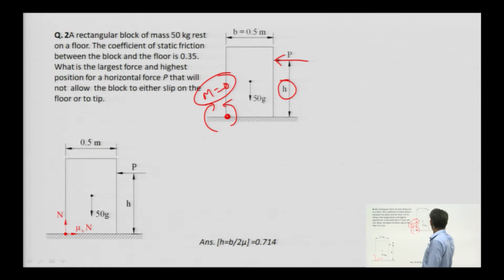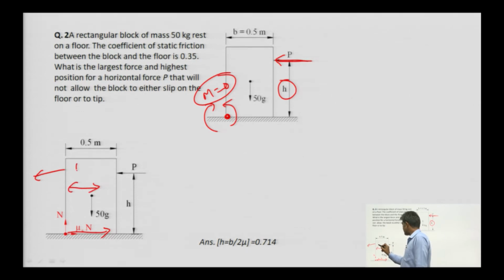The horizontal force is in this direction, that is why the motion of the block is in this direction, and friction force is applied in the opposite direction. The weight of the block, since the mass is 50 kg, acts perpendicular downward through its CG, because it is rectangular, so this distance will be B by 2, where B is 0.5 here.